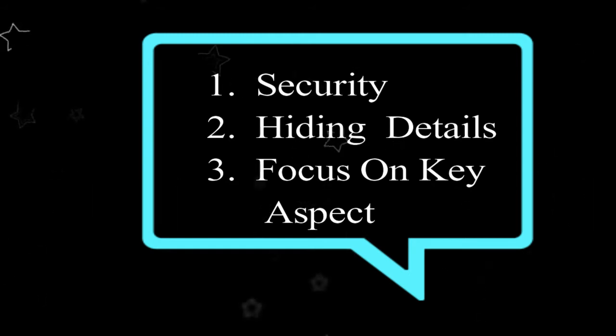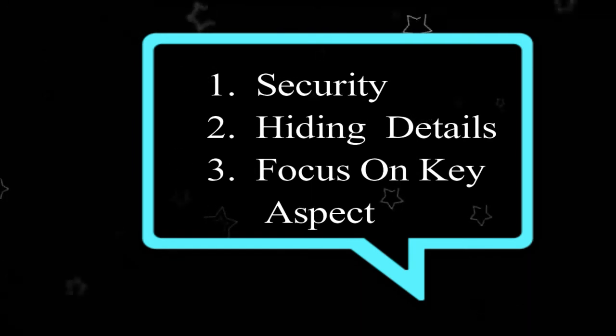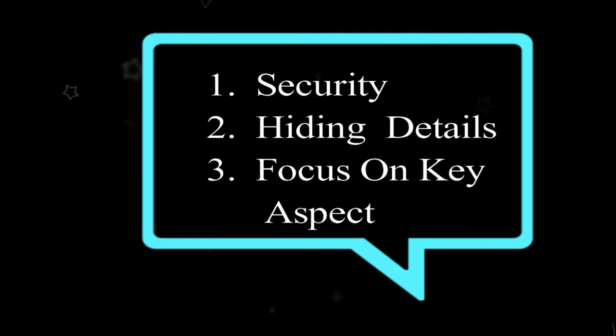Before that, let's take a real time example of abstraction. Abstraction shows only important things to the user and hides the internal details. For example, when we ride a bike, we only know how to ride it but do not know how it works. That means we don't know the internal functionality of our bike, right?